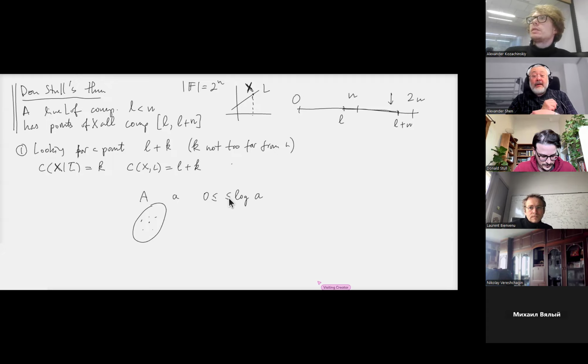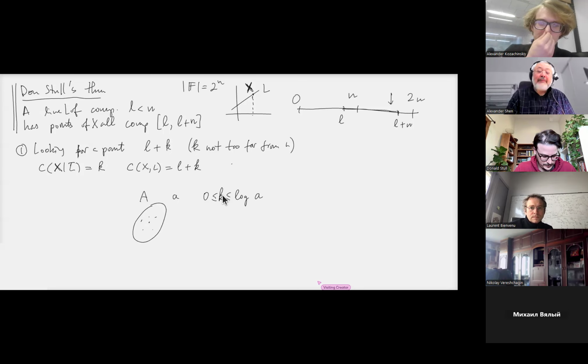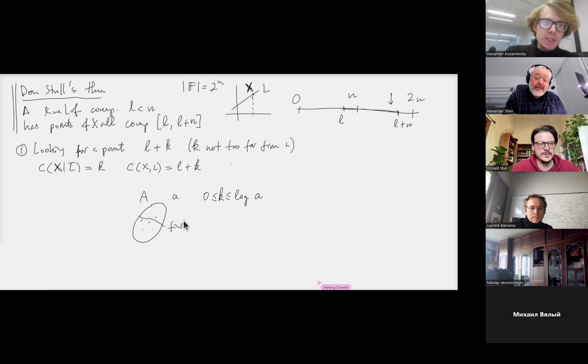Consider, for example, the first elements of this set. You take the first 2 to the k elements in some computable enumeration, and they all have complexity at most k plus log something.